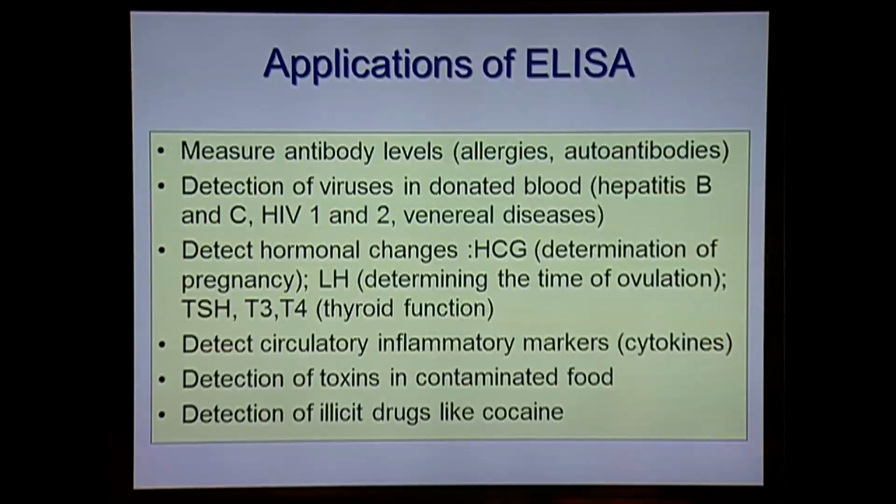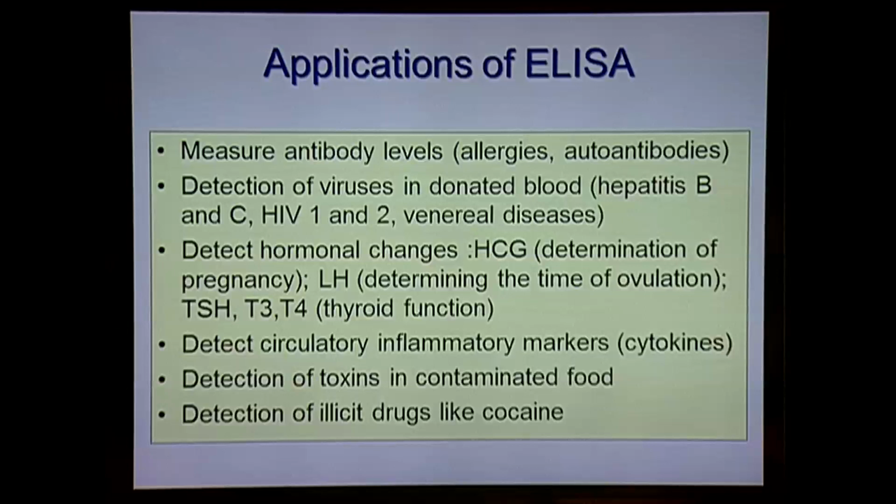ELISA has multiple applications. It is used to measure the presence and amount of antibody in our serum, like in case of allergy or in case of autoimmunity. Also it is used to detect the presence of viruses in blood, like HIV or hepatitis viruses.